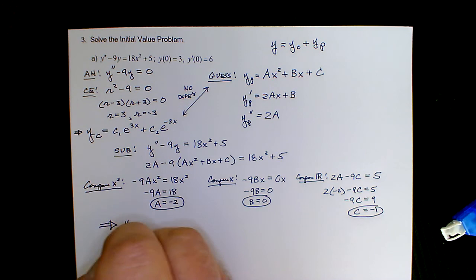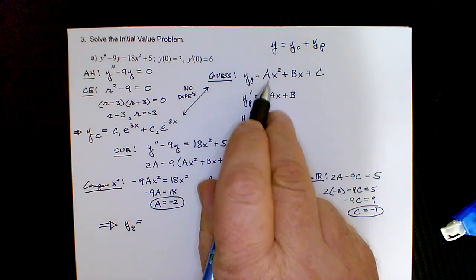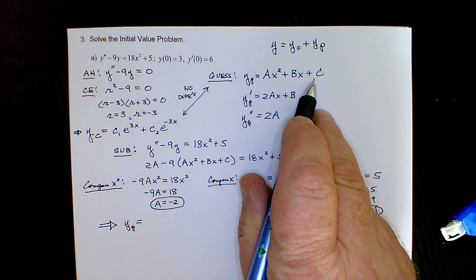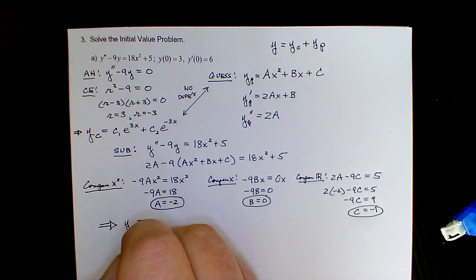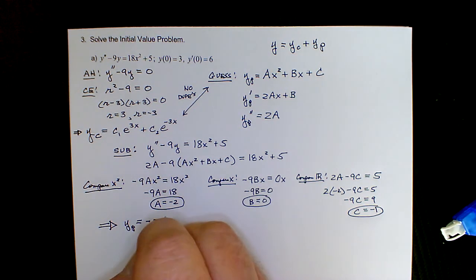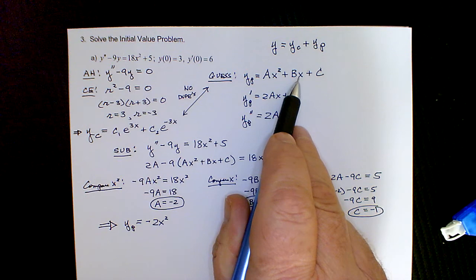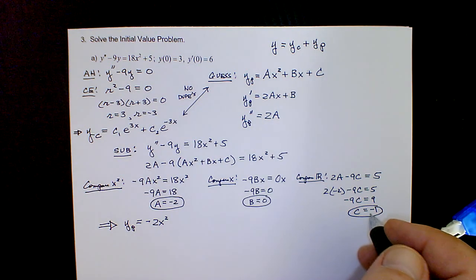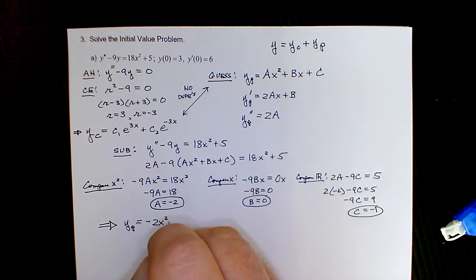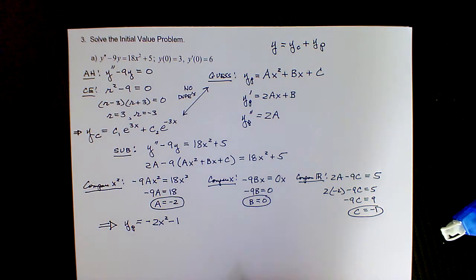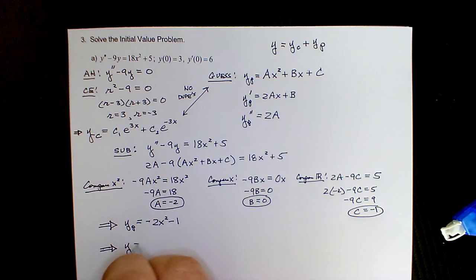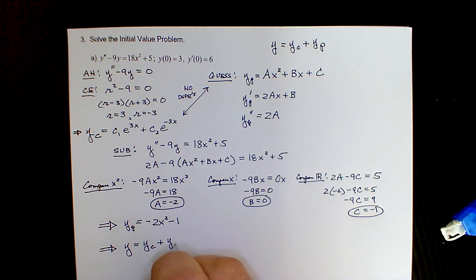And y sub p then is back to what we guessed, and we didn't have to modify. A is negative 2, so negative 2x squared. B is 0, so no need to include the x. And then plus c, which is negative 1, or we'll just write minus 2x squared minus 1. Okay, so then the actual solution, once again, is the complementary plus the particular.